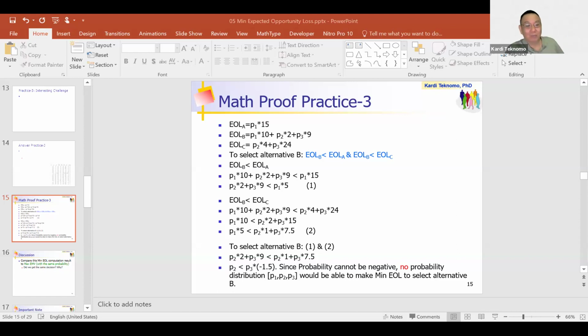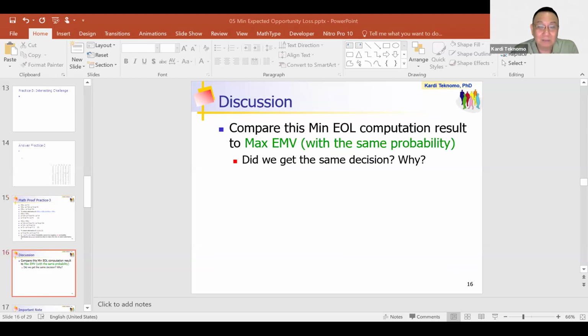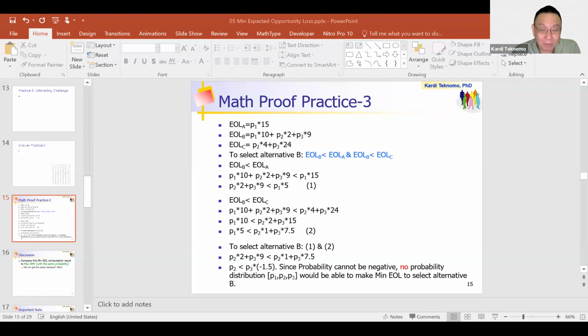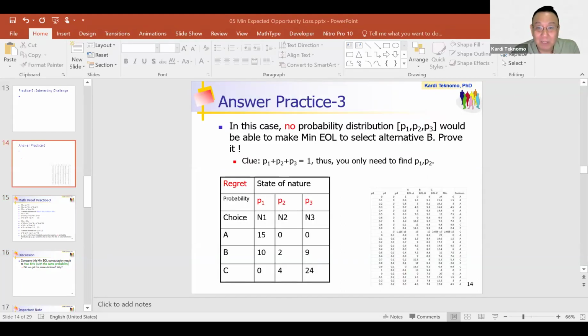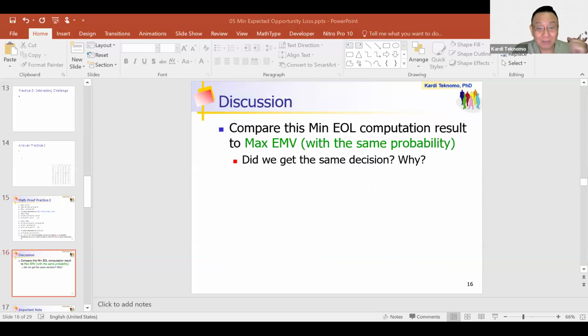So what's the conclusion? The minimum AOL is not the same at all as minimax regret, so you can use both in parallel for your decision analysis. Having said that, if you compare this minimum AOL with the maximum EMV, with exactly the same probability, you will get exactly the same result.